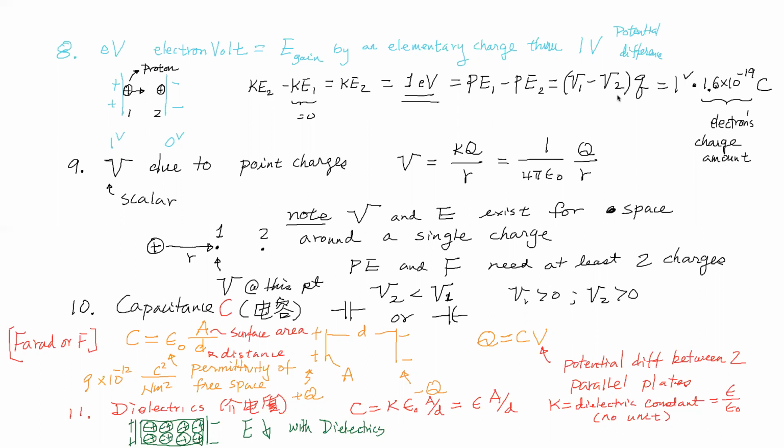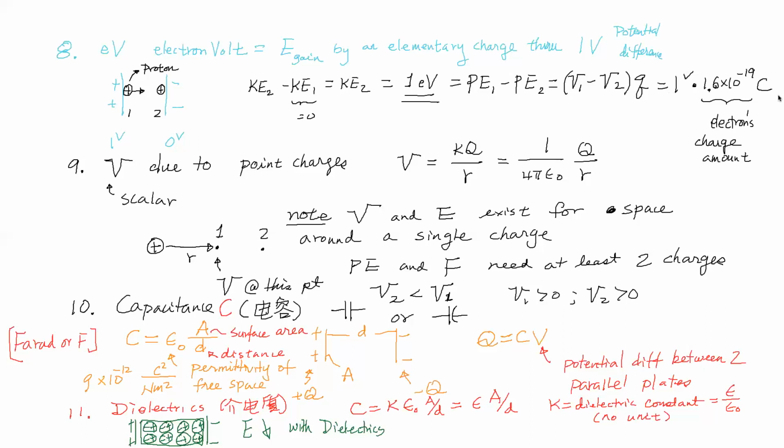So then by definition, that's V1 minus V2 times Q, because electric energy is the electric potential times charge, or electric potential is energy per charge. So then V1 minus V2 is equal to 1 minus 0, which is 1 volt, and Q is 1.6 times 10 to the negative 19 coulomb, which is the electron's elementary charge.